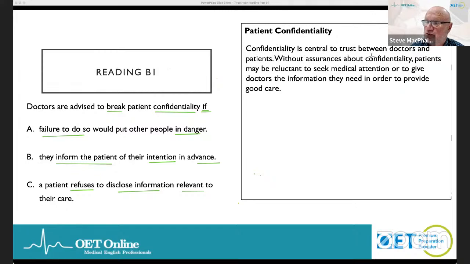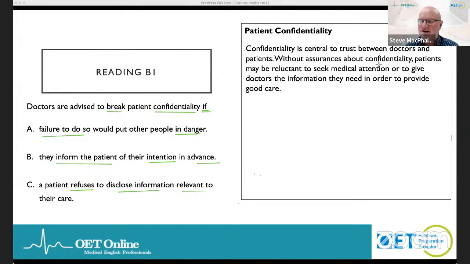Confidentiality is central to trust between doctors and patients. Okay, that's our topic sentence. Without assurances about confidentiality, patients may be reluctant to seek medical attention or give doctors the information they need in order to provide good care. Well, that's talking about giving information, right? So this is about confidentiality.